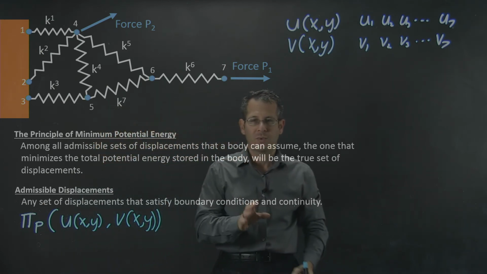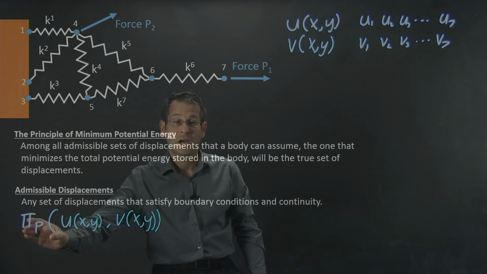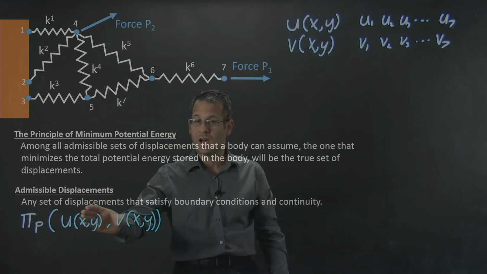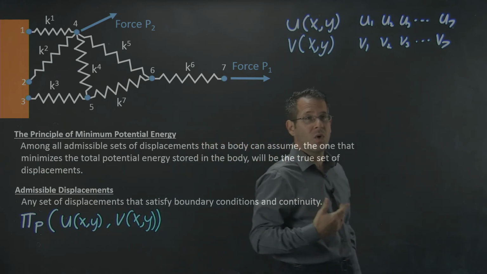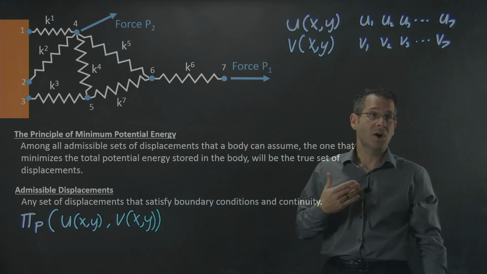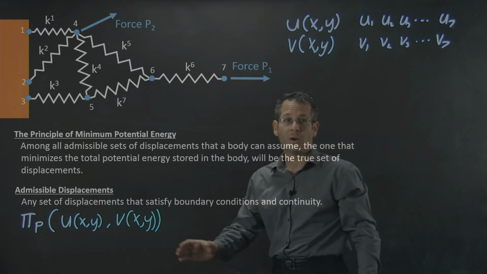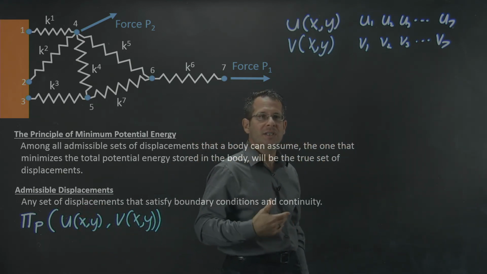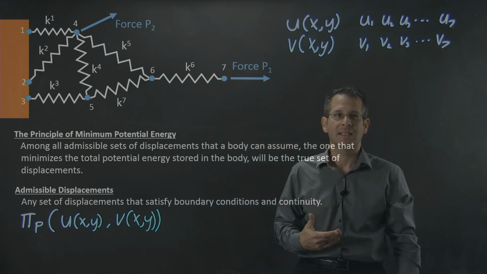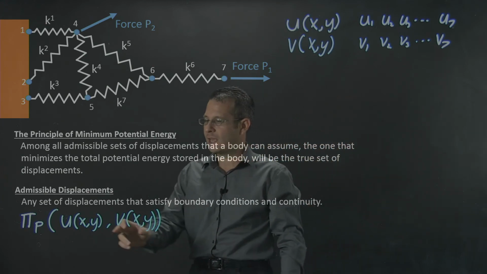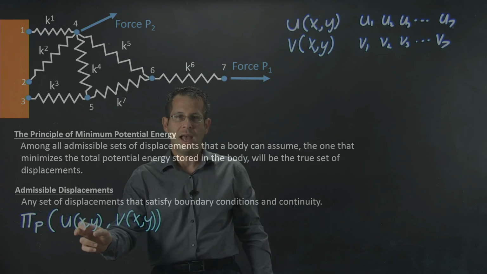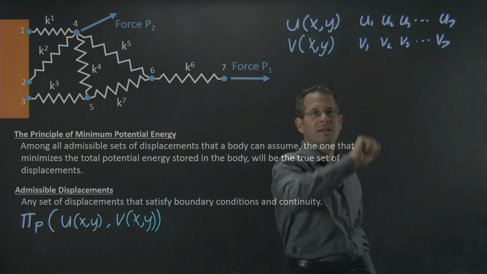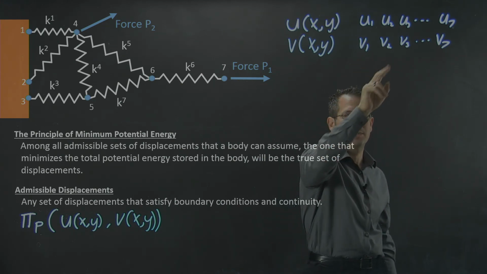Now, stated this way, where potential energy in the system, pi sub p, is a function of two other functions, that's what in variational calculus is called a functional. But we're not going to need to understand variational calculus in this class to develop our method, because we're not looking at u as a function of x and y. We're looking to find the values of u and v only at specific points.